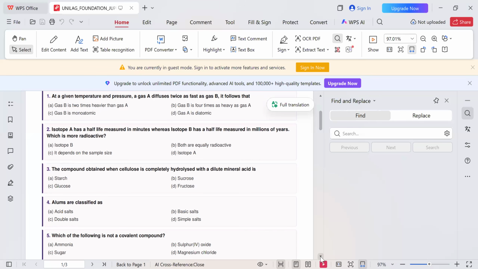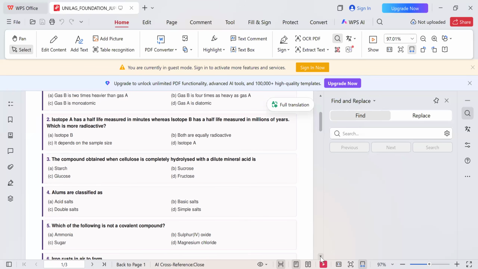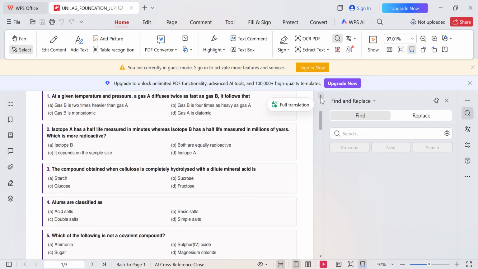Now, we're given the rate of A and the rate of B. Since A is equal to twice of B, whenever I see RA equals 2B, then RB equals B. So I have 2B over B equals the square root of MB over MA. Now, according to mathematics, we take the square of both sides.